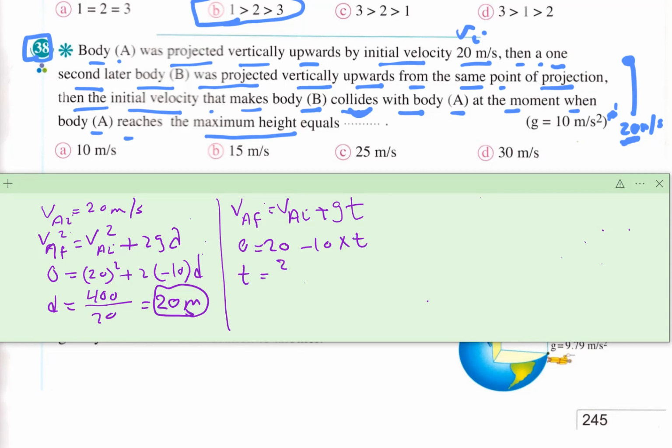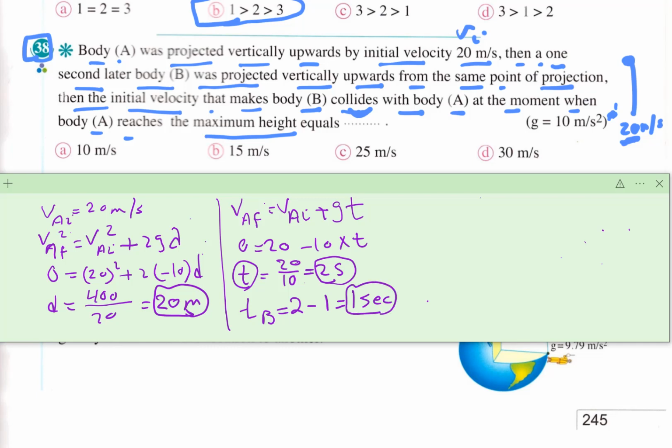So t equals 20 over 10 equals 2 seconds, right? So the whole time for object A to reach the maximum height is 2 seconds. He said after 1 second he projects the second object. So t for object B equals 2 minus 1 equals 1 second.